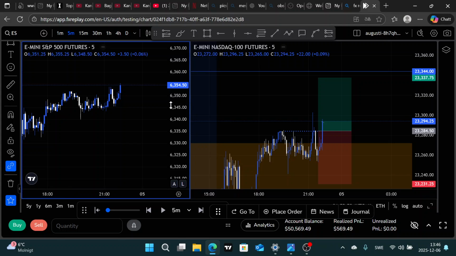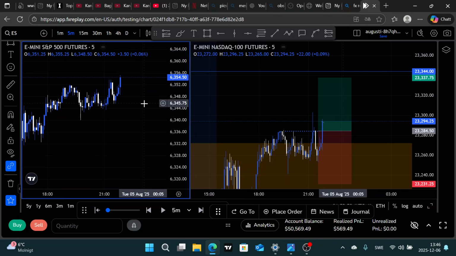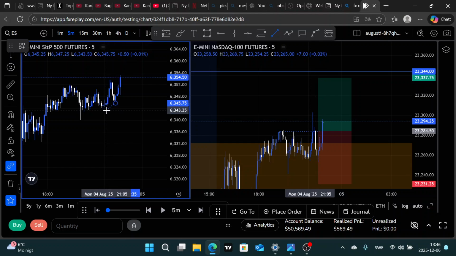So we go and check on ES if we put an SMT somewhere, and I can see we have an SMT down here.